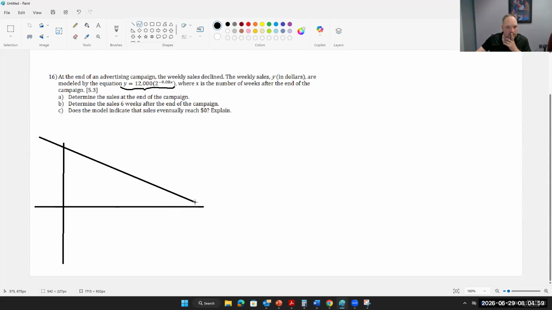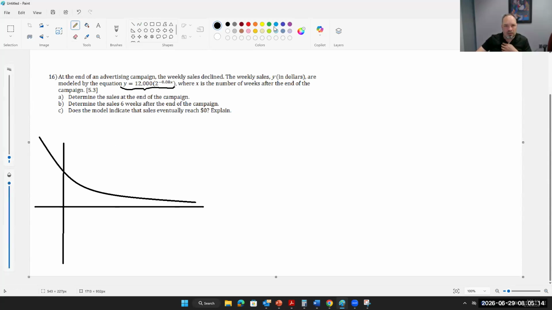I'm going to try to use this tool here. But what's happening here is that you have this exponential decay function. And we know it's exponential decay because of this negative exponent, and also they're saying sales declined.